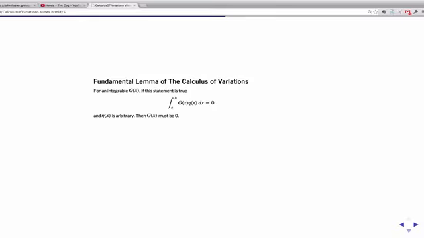There's also the fundamental lemma of the calculus of variations. It basically says that if you have an integrable function g of x, then this statement is true if eta of x is arbitrary. So if eta of x is arbitrary, then g of x must be 0.